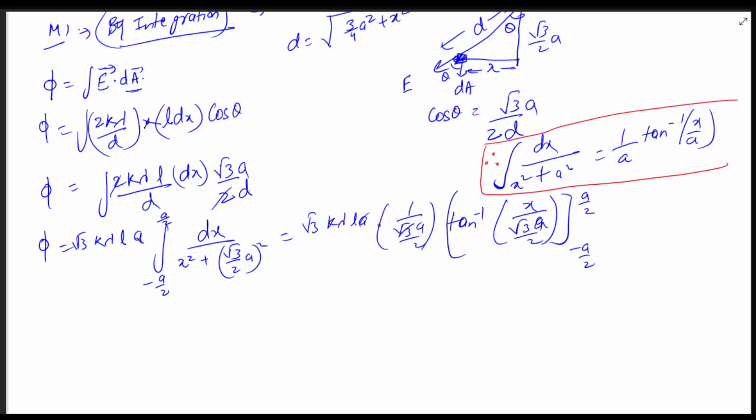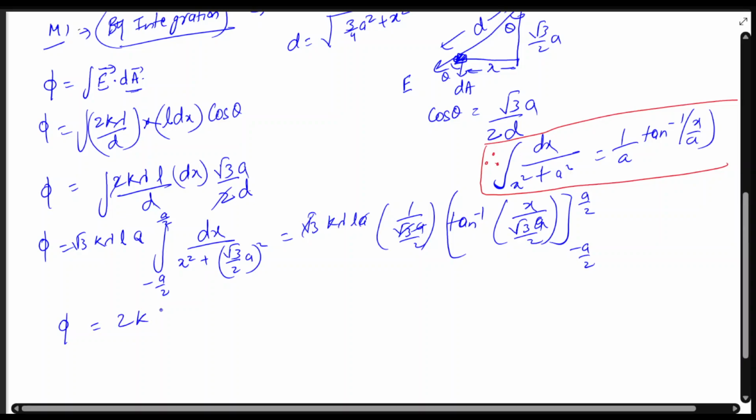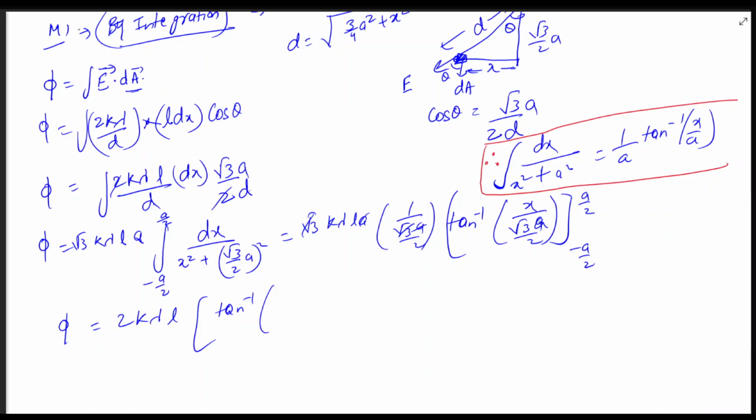So root 3a will get cancelled and 2 will come up. So 2k lambda L, and this will be tan inverse of a by 2, so a by 2 will cancel, 1 by root 3, minus, and this will be plus tan inverse 1 by root 3, right?